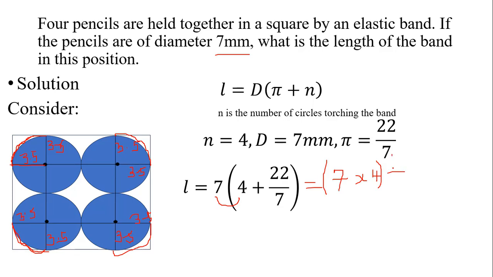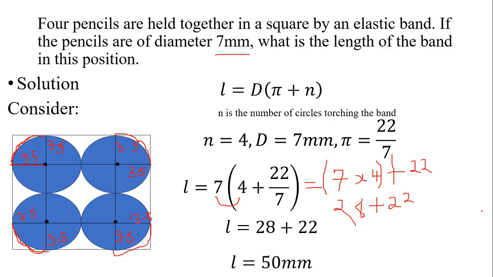Plus 7 times 22/7, and that will give me 22. So I'm going to have 28 plus 22, and that will give me 50 mm. So the length is 50 mm.